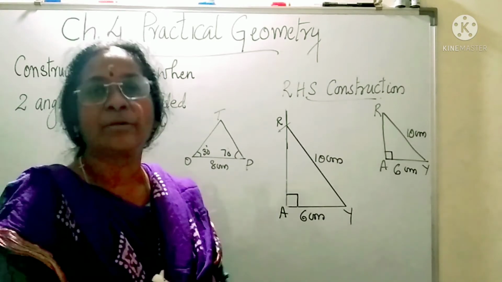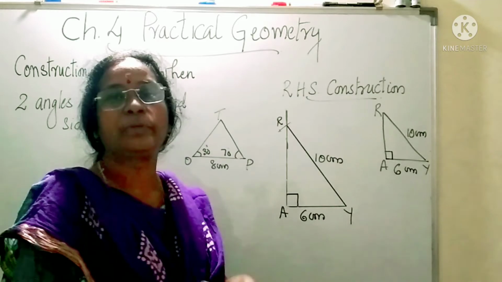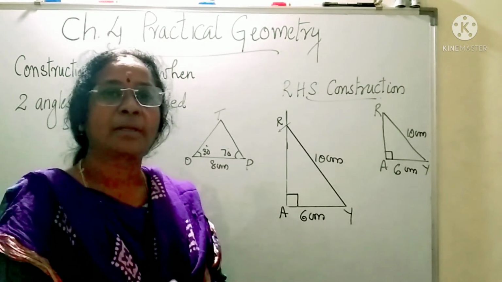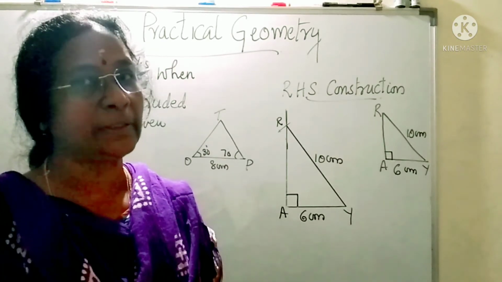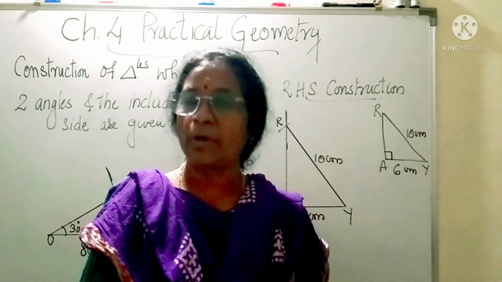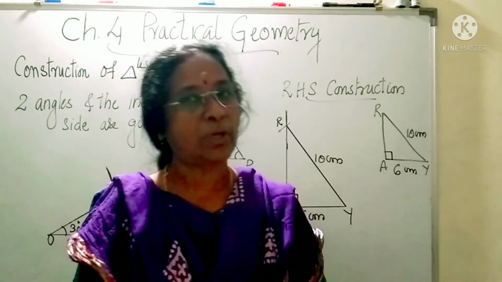So, these are the different ways of constructing a triangle, or different bases on which we construct the triangle. In the next class, we will learn how to construct different angles, and also how to construct equal angles. Okay.